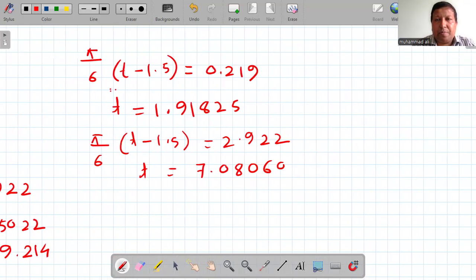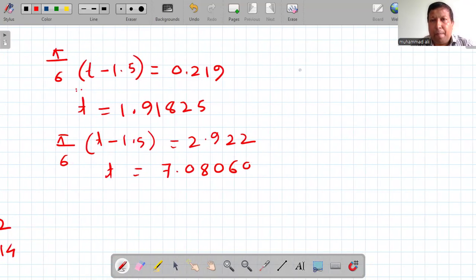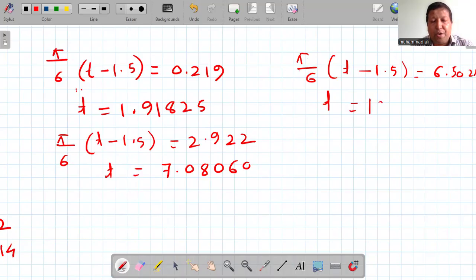Another result, pi by 6 (t minus 1.5) equals 6.5022. From here, t equals 13.91828.